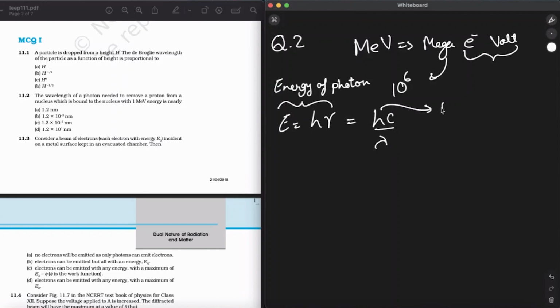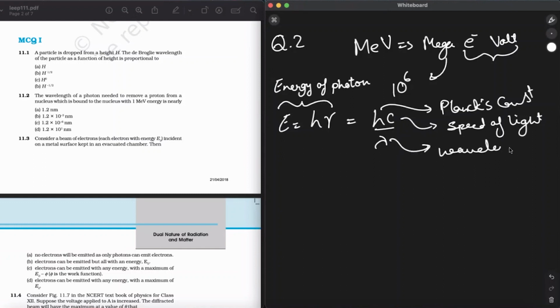This is Planck's constant, this is the speed of light. What will be the SI unit? Meter per second. And lambda is the minimum wavelength of the photon that you have to calculate in this question. So basically, this is the wavelength, right? So E is equal to hc by lambda.